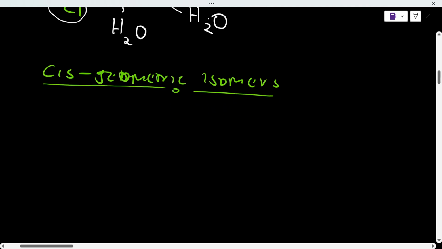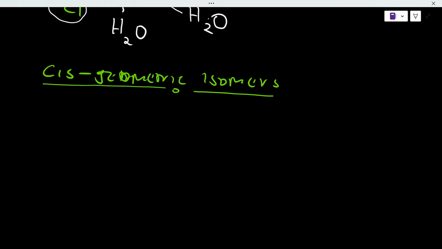So when the 2 chlorines are found on the same side of the transitional metal, then we call it a cis isomer.